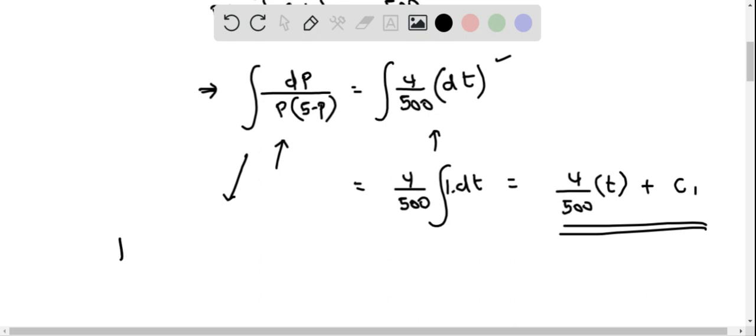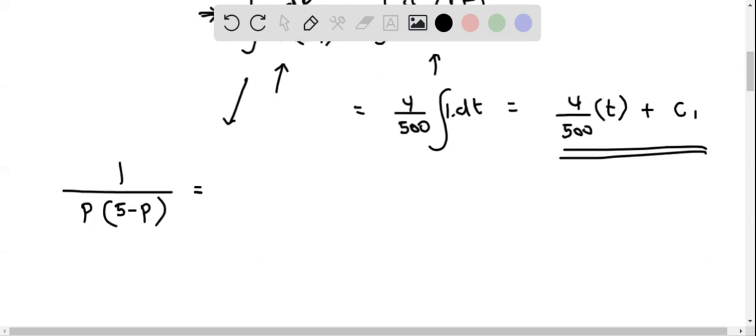I'm going to consider the rational expression 1 by p times 5 minus p. First, we are going to write this as a sum of partial fractions. I'm going to simplify this by factoring the negative out of this expression and transferring it to the 1 in the numerator.